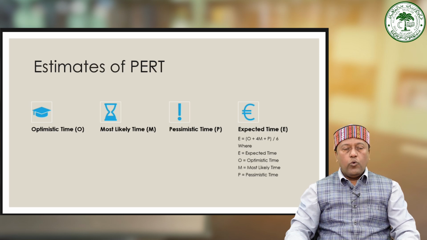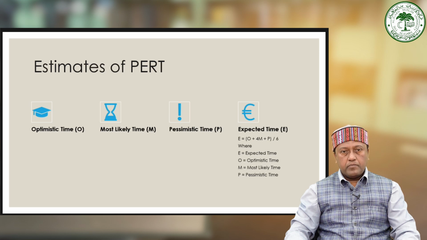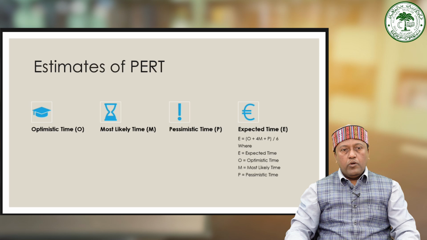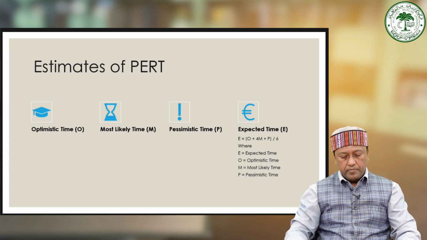So when you know what all these stand for, with this formula you will be able to calculate the expected time. This is how the estimate for PERT is calculated.